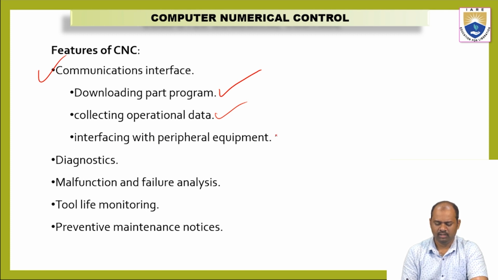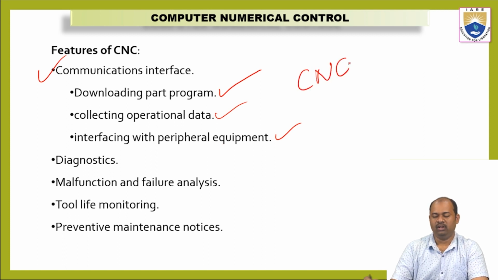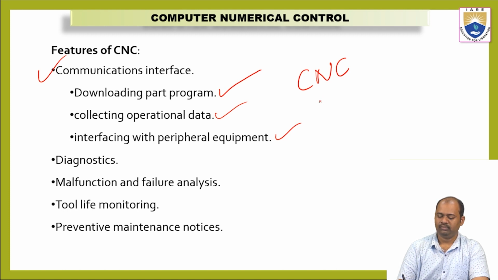And the third one is interfacing with peripheral equipment. Suppose I have a CNC machine with a code; it will run the code and produce an object. Now this object should be given to another machine with the help of a robot.